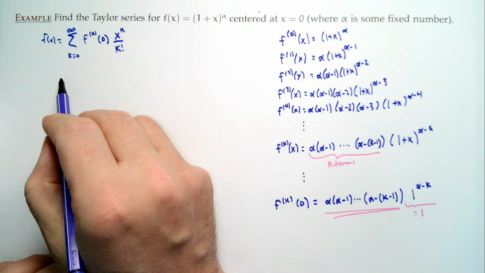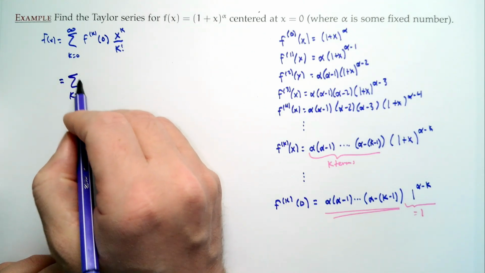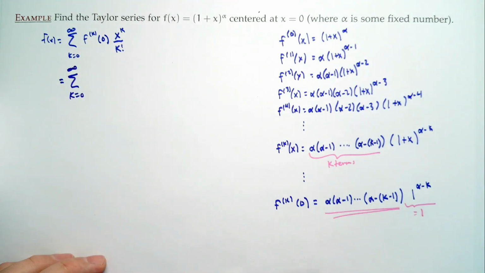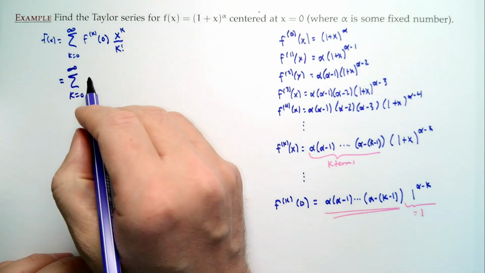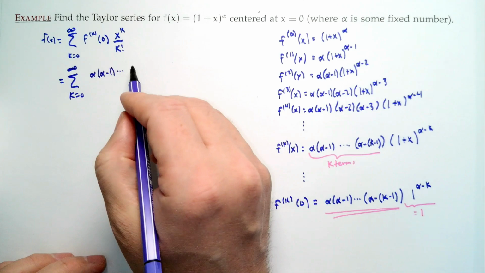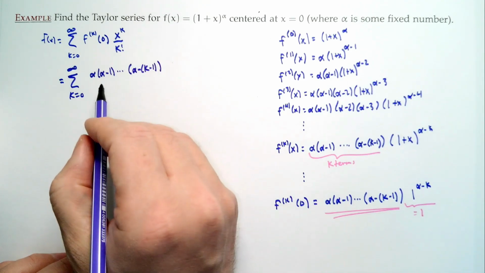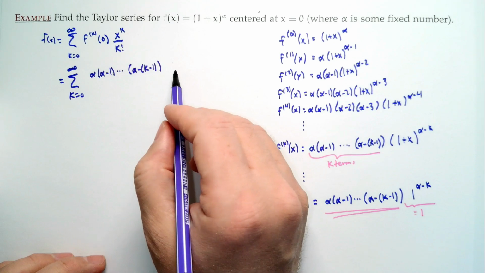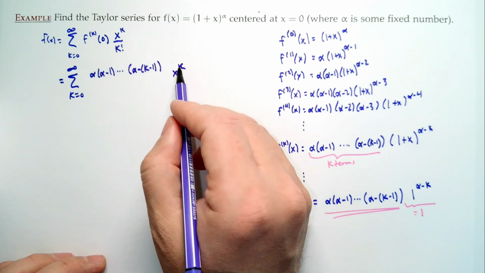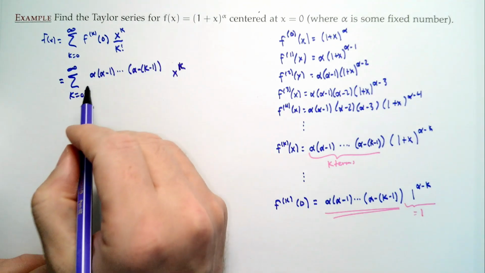So, in some sense, we're like, aha, we're done already. That's fantastic. So we'll write this as alpha times (alpha minus 1) dot dot dot (alpha minus k plus 1), and then there's an x to the k. Now, I also have a k factorial, and I'm going to do something with the k factorial.